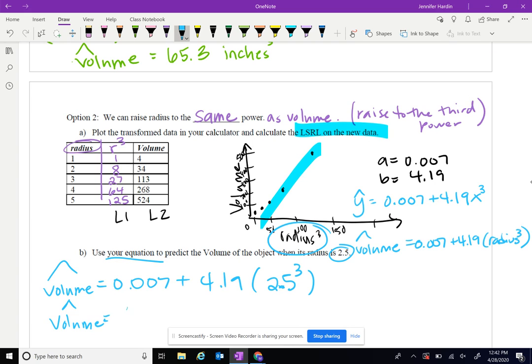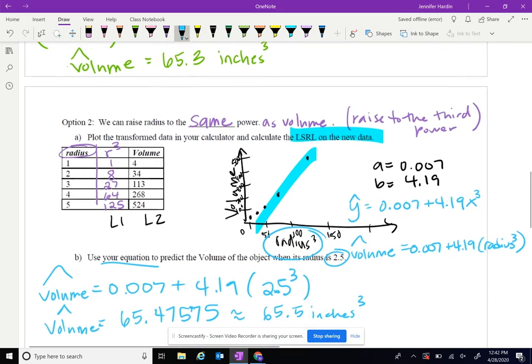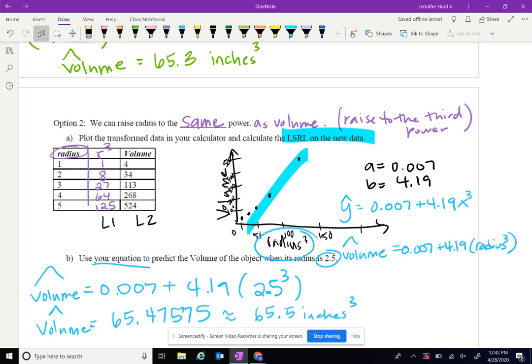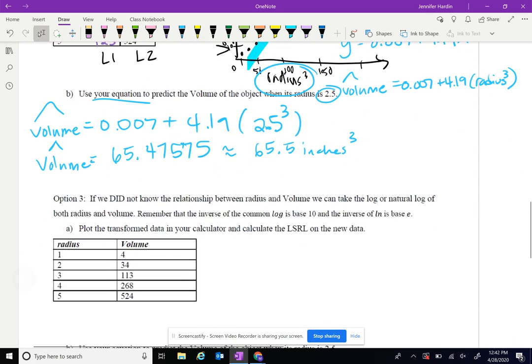That gives me a volume of 65.47576 or 575. Okay, so about 65.5 inches cubed. Okay, so remember, both of these were predicting the same thing with the same radius. To see which one is better, you would need to look at S sub E, the standard error and the residuals. You could also compare their R squared values to see how good or how strong those predictions are.